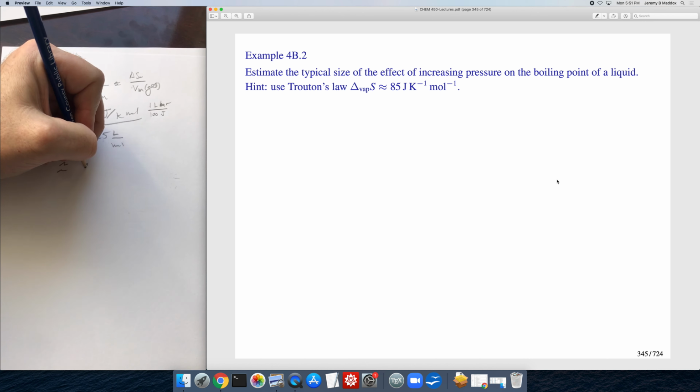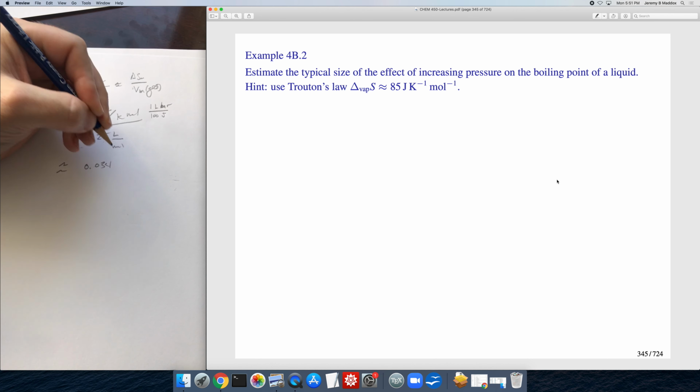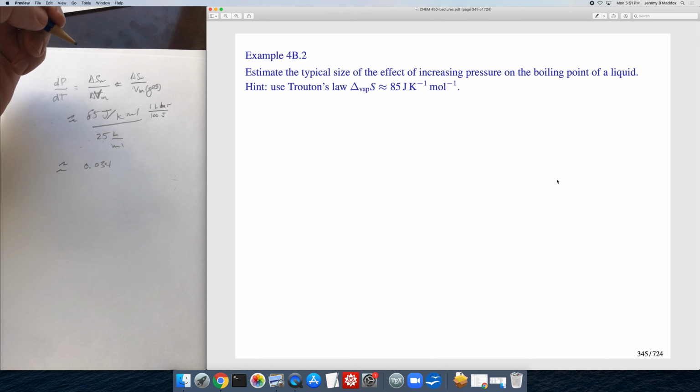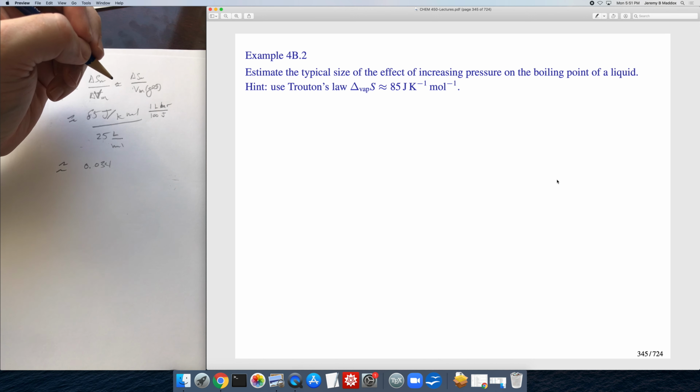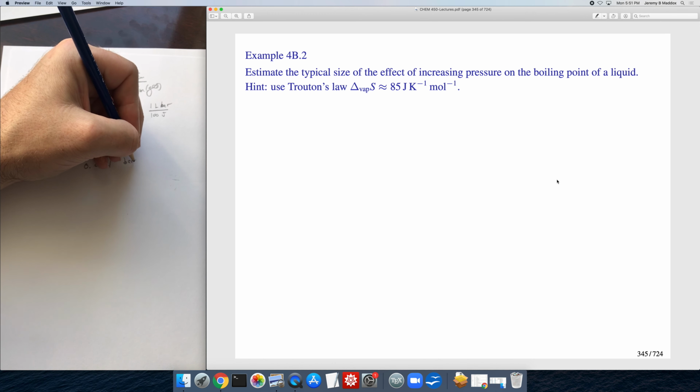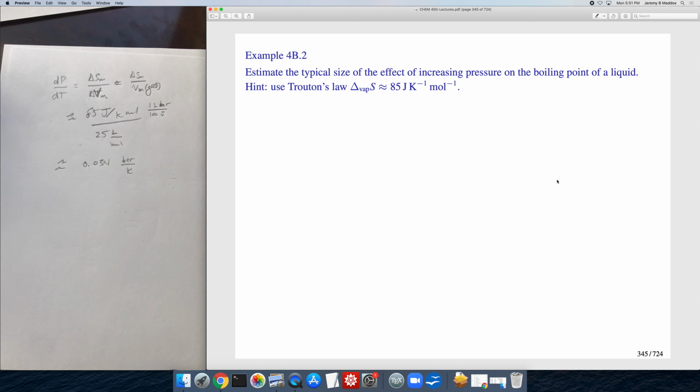We get something like 0.034, and so this is going to be bars per Kelvin. Notice that they want to know what's the effect of increasing the pressure. So we want to flip this around and do dT over dP.